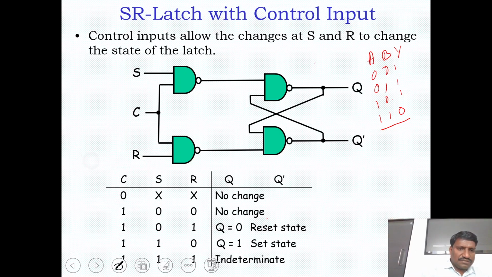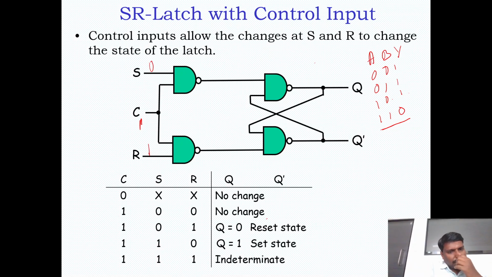What is C? Control input. What is the value that we are giving? 1. So when C is 1, S is equal to 0, R is equal to 1. 1, 1's complement is 0 here. When one of the inputs to the NAND gate is 0, output is 1. 1, 1 is 1, 1's complement is 0, that is the NAND operation.